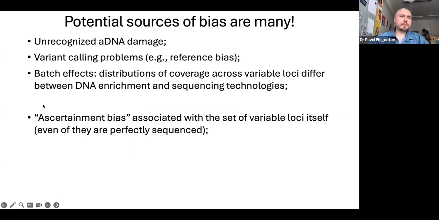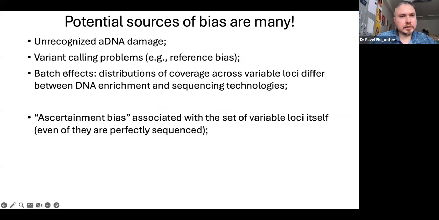And there's another type of bias, which is important for studies of population history, and that is so-called ascertainment bias, associated with a set of variable loci itself, even if they are perfectly sequenced.